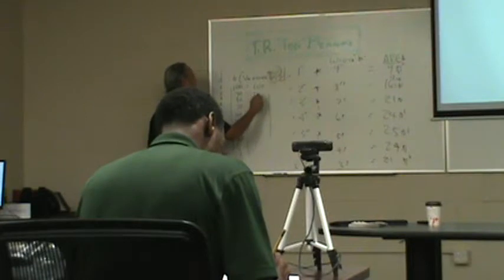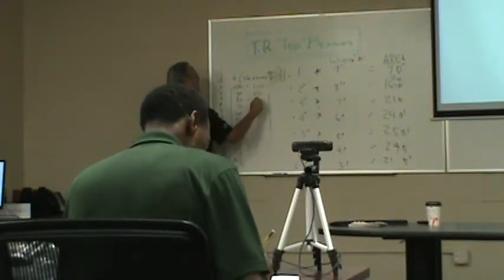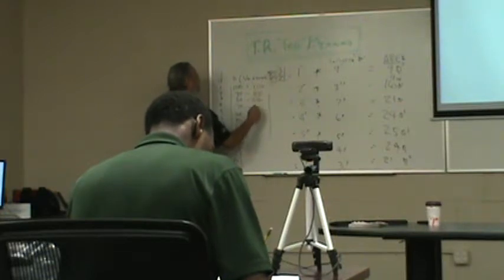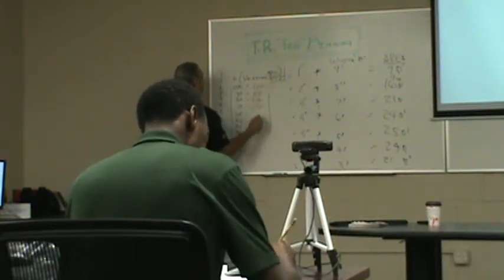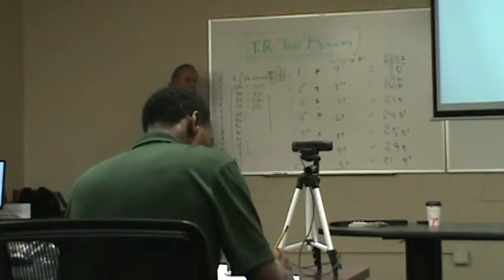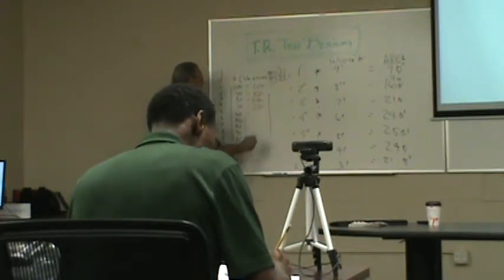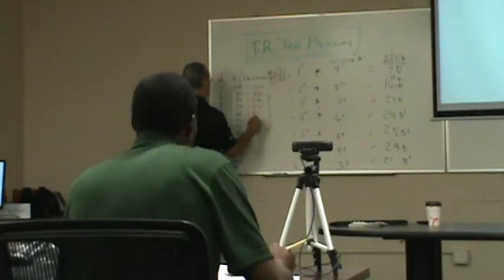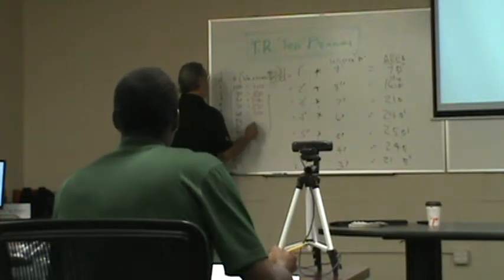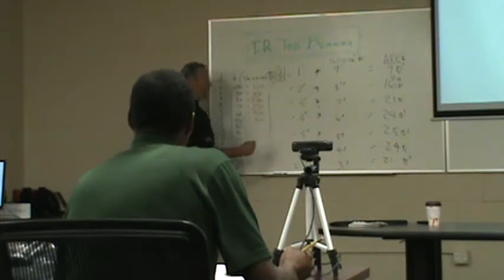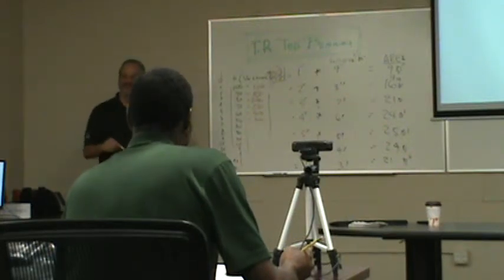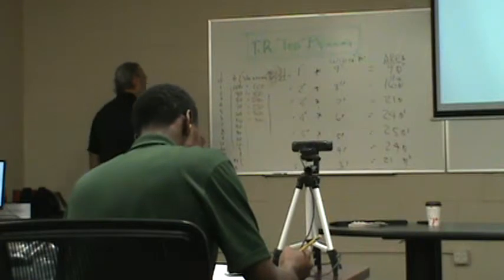What's next? 300. 6 times 50 is what? Exactly 300. 7 times 40.